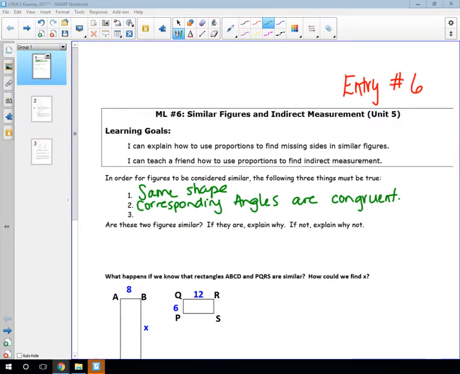And the third thing is, we have the same shape, the corresponding angles are congruent, and the third thing is corresponding sides are proportional.